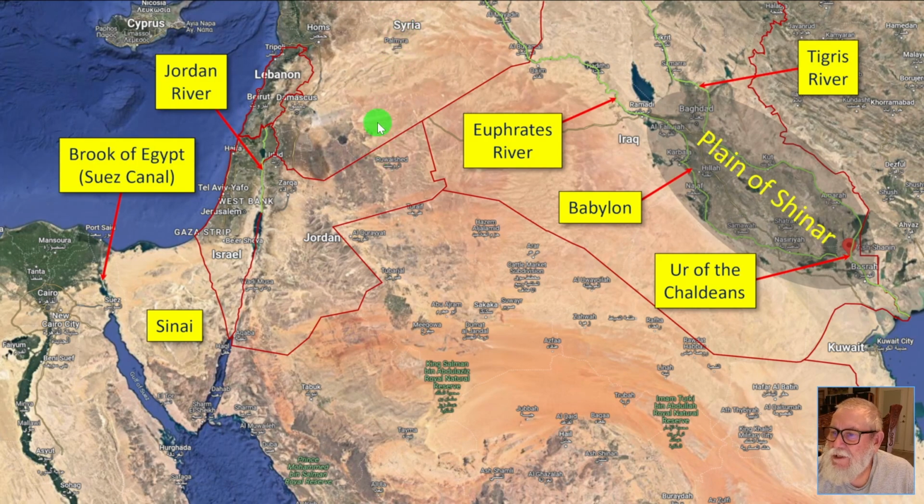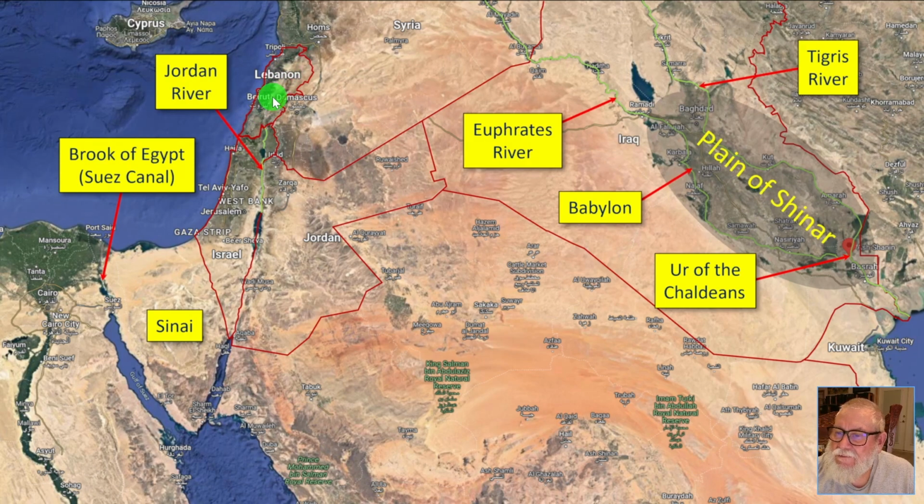Between Syria, Saudi Arabia, Iraq and Israel is the nation of Jordan, formerly called Transjordan. On the Mediterranean coast is the state of Israel.